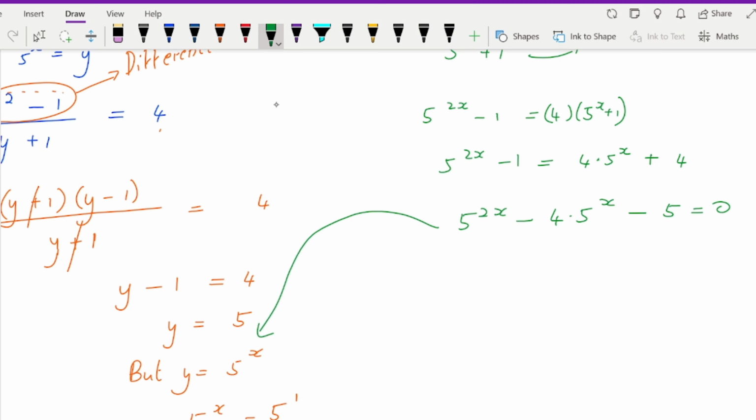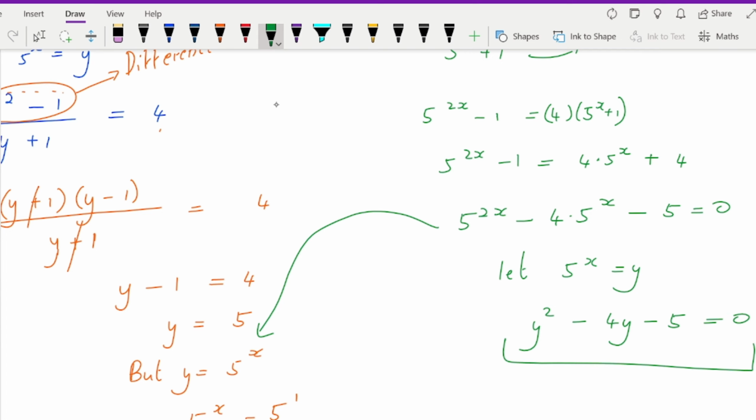Yeah, this. So we're going to let 5^x be y. If we let that be y, we're going to have y squared minus 4y minus 5 equals 0.